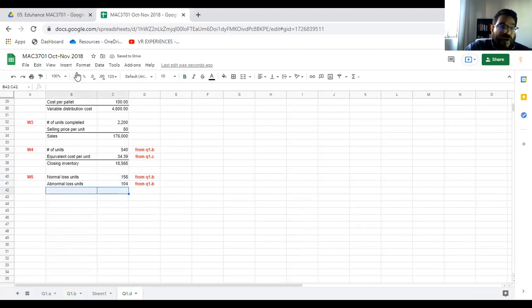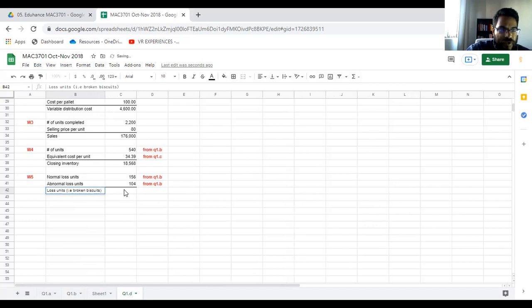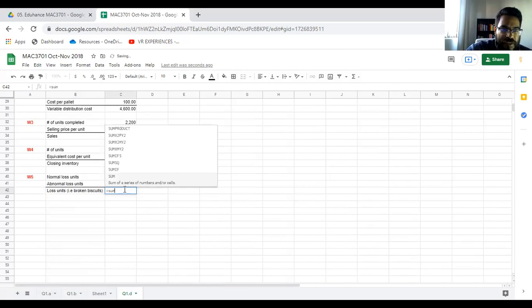So the lost units, i.e. broken biscuits. So it's the number of units, the sum.